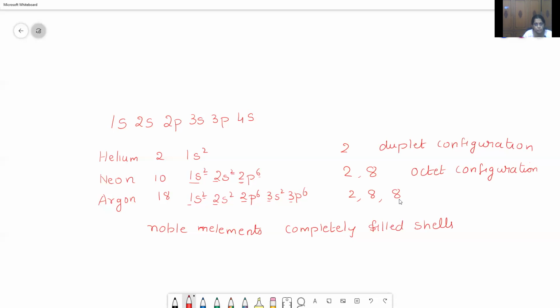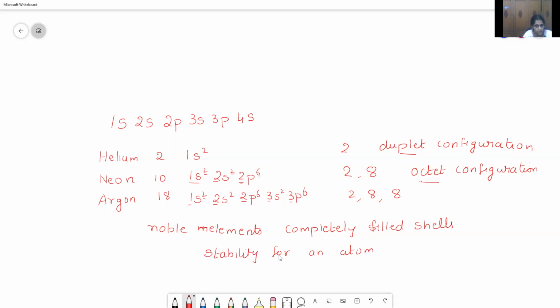And this is duplet configuration. These octet and duplet configurations give stability to the atom. So this duplet configuration, octet configuration gives stability for an atom. So now what happens in these noble elements?